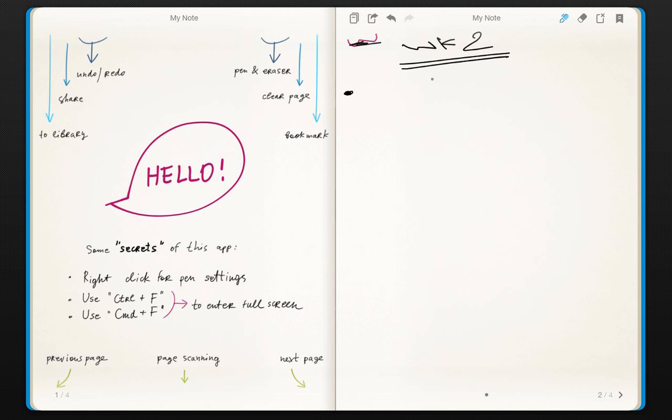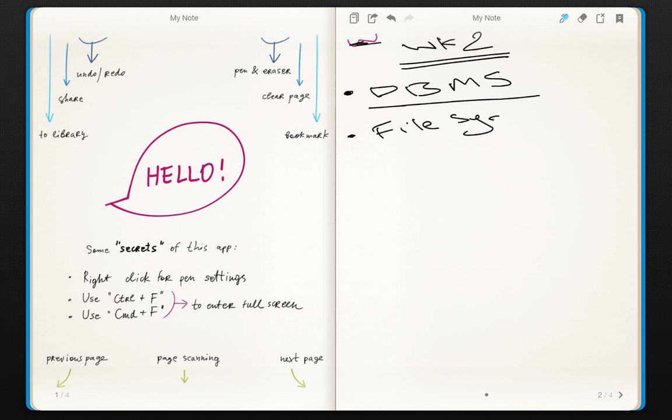What you need to know in week 2 is the definition of the database management system, and excuse my writing please. You will need to know the definition of the database management system, and to differentiate between the database management system and the file system.